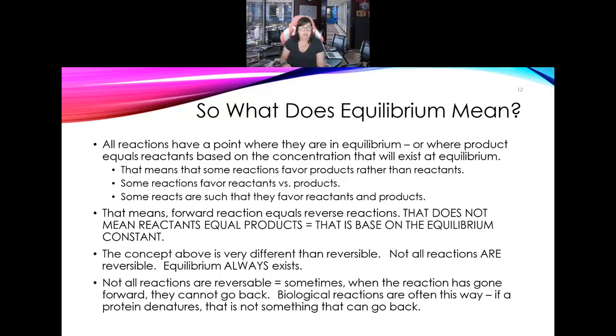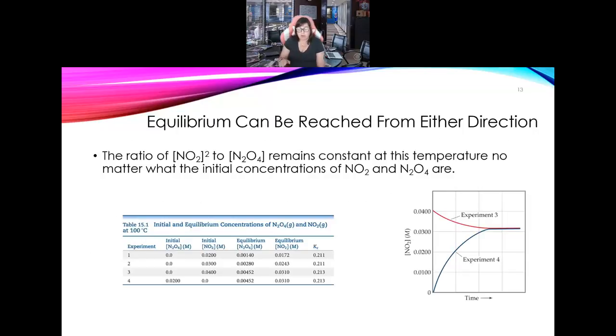Okay? Now, equilibrium can be reached from either direction. In this case, we're considering the reaction of NO2 to make N2O4. Okay? So the way that we talk about this in the first 3 experiments, we start with none of our product and start with some of the NO2.